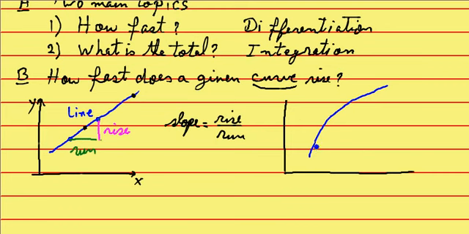So our first line of attack is to say, well, let's go for a familiar situation. Go back to that kind of a situation. Just pick 2 points here. I pick one point here, and say another point here. And I ask, from this point to that point, how fast did I rise?